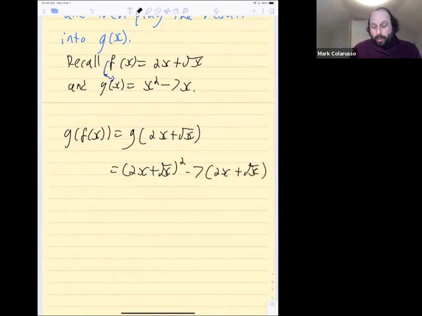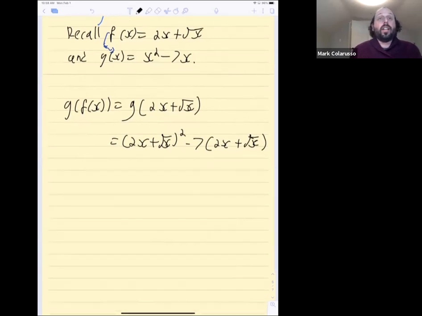And I mean, we could simplify this if we want, but there's not much point. I'll leave it as that now. Okay, so everywhere there was an x here, I substitute in 2x plus root x for x, and then you have to square it, and then minus 7 times that result.